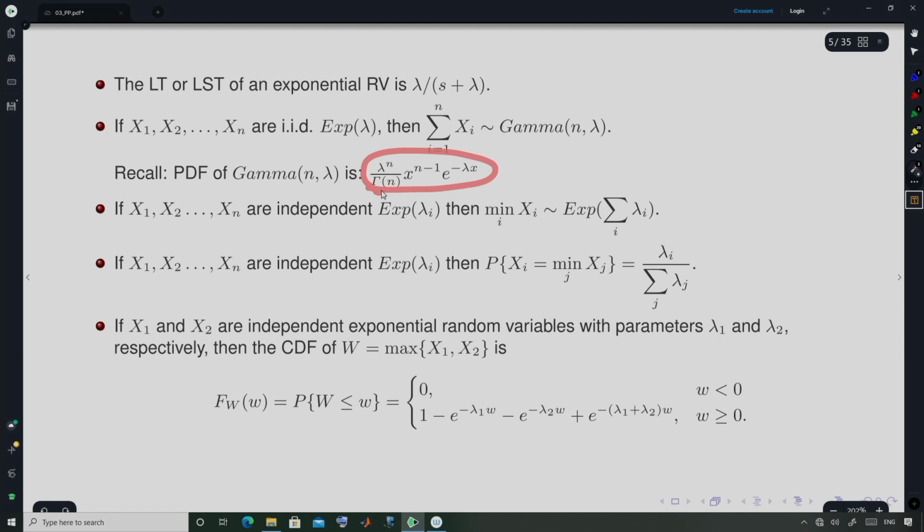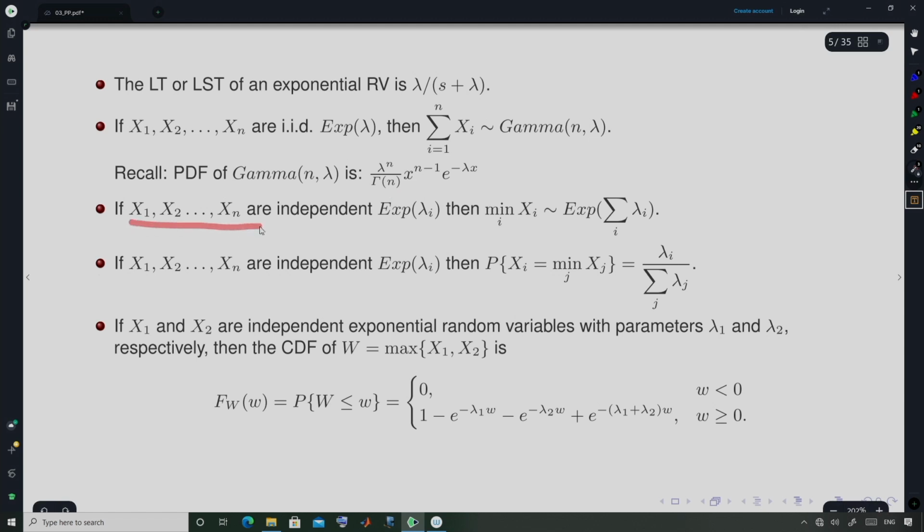For n equal to 2, it is lambda square times x e to the power minus lambda x, that is gamma with parameters 2 and lambda, and so on, right. The sum of IID exponentials is gamma, that is what you need to remember.